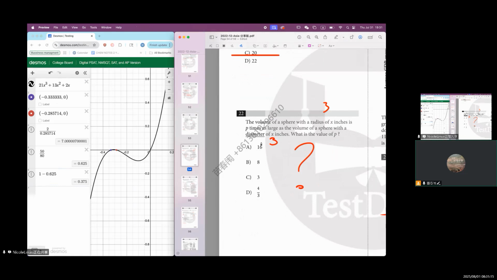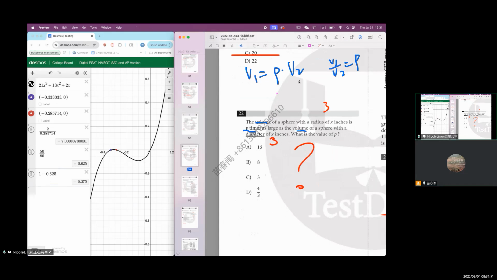So basically, the volume for one is P times the volume for the other, right? So V1 equals P times V2, right? Well, basically, they want to find P. P is V1 over V2 then, right? As long as I find V1 over V2, I can find P, right? Does that make sense?